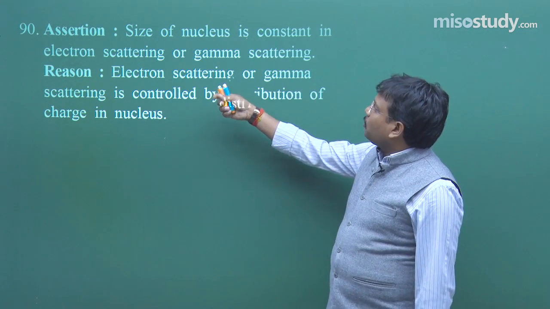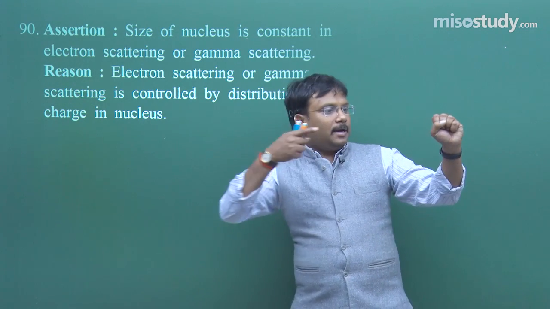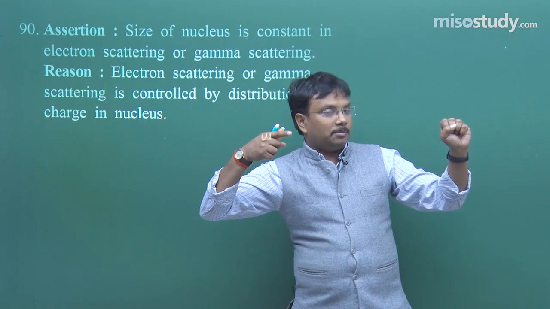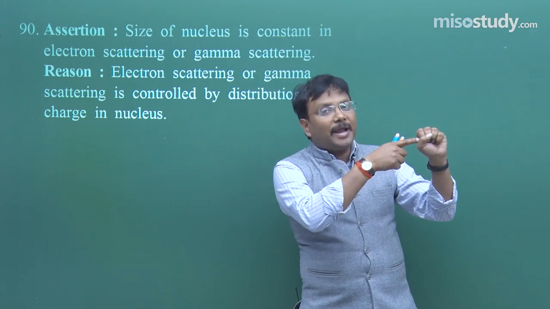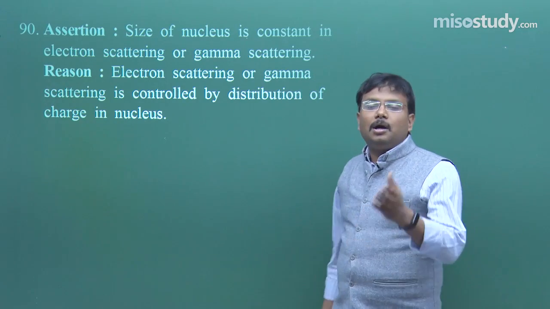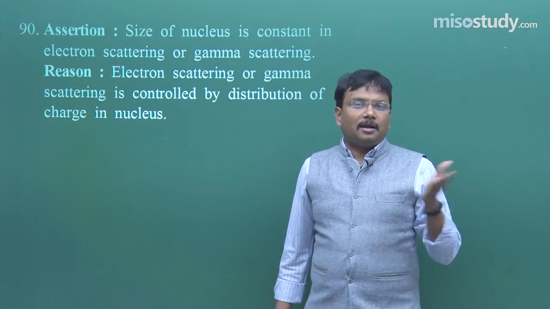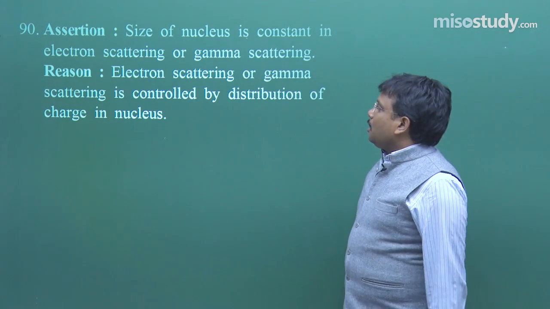So, during electron scattering or gamma scattering the nucleus is fixed and the electron comes to strike it and it moves. So, actually it is not breaking it, fine. So, its size remains constant. So, this statement is true, that is alpha particle scattering in Rutherford's experiment, nothing happens with the size of the nucleus.